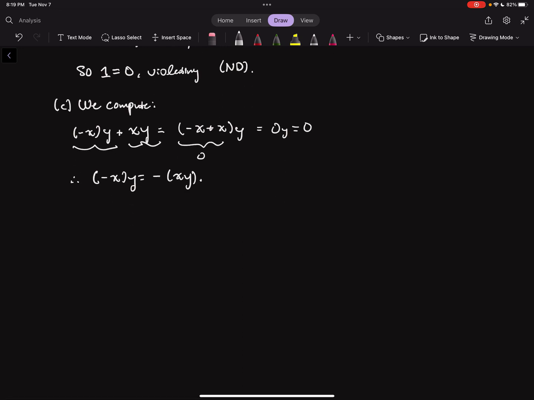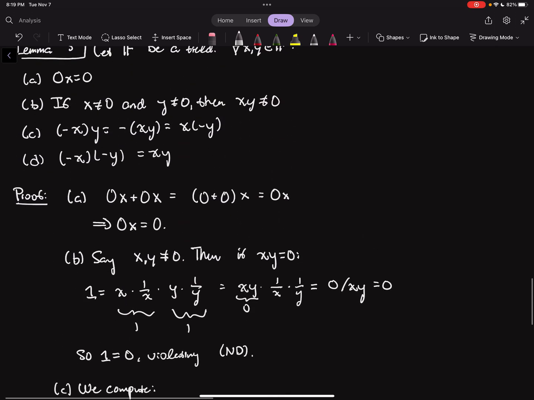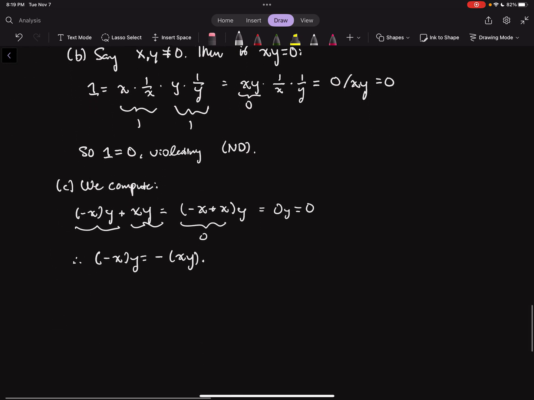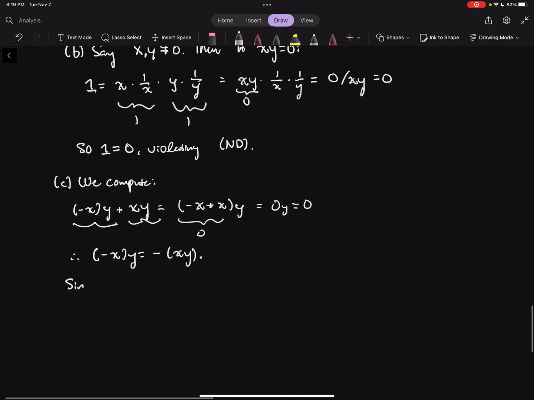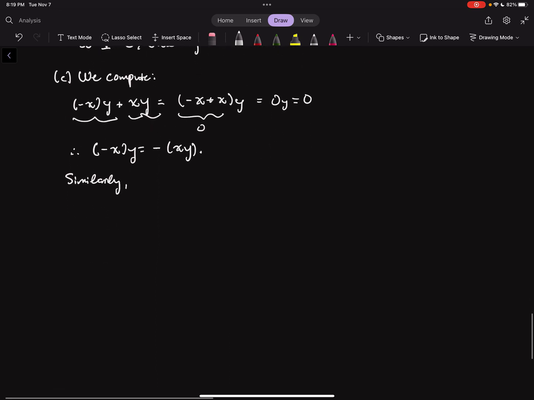Okay, and we can do a similar thing because we've proven the first of these two equalities, but we need to prove the second as well. So similarly, x times minus y plus xy, and we can factor out an x: minus y plus y, 0, equals x times 0, which is just 0, of course.